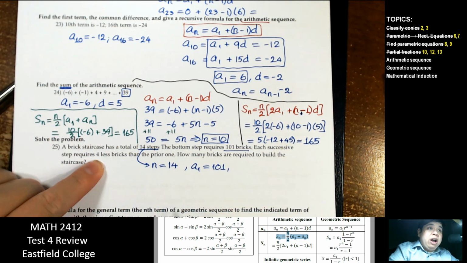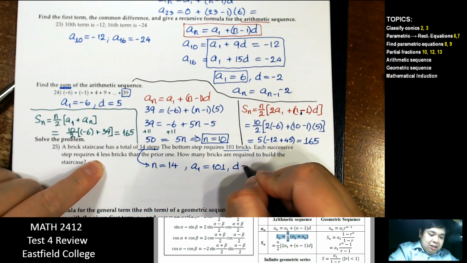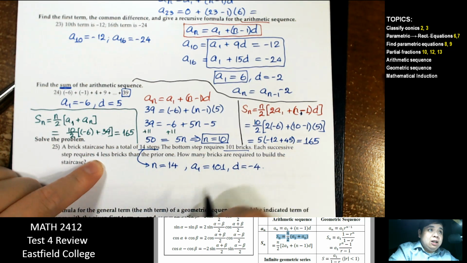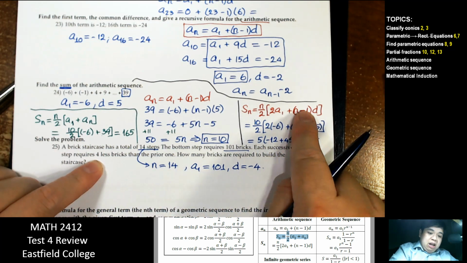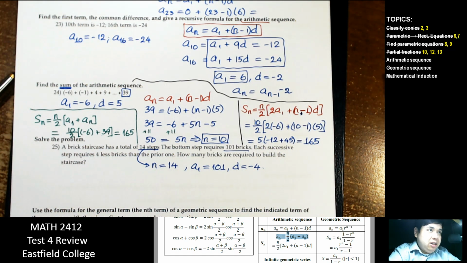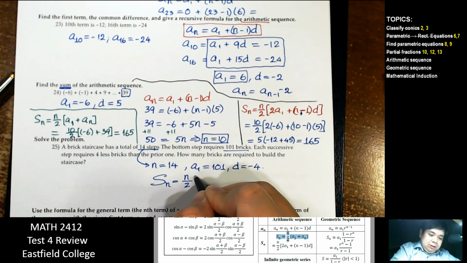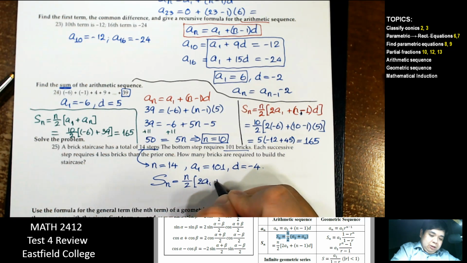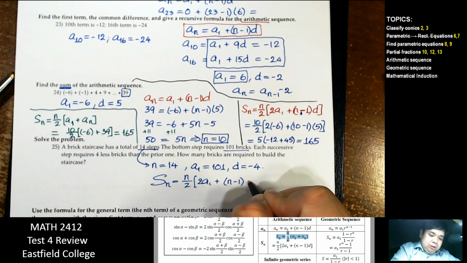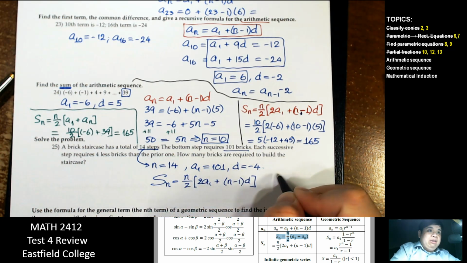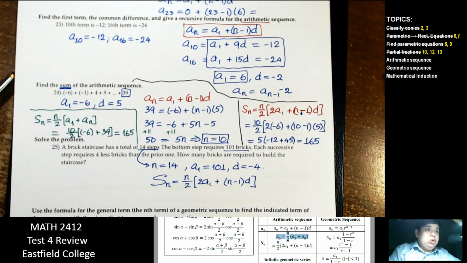And each one will have one less. And then you can put in that formula, and that's pretty much it. Yeah, substitute everything in that formula, we should have it.